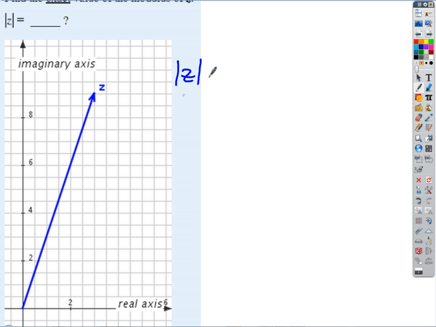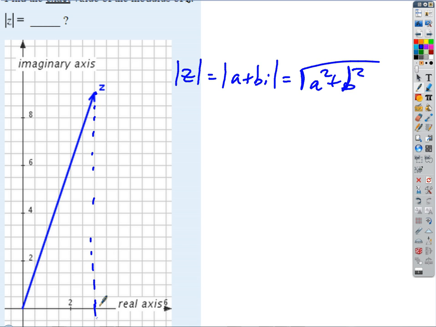So what the modulus of z means is just the modulus of a plus bi, which is always just the square root of a squared plus b squared. What are the coordinates of this point? This graph is tricky. Read it carefully. So if I follow that one down, it's between the 2 and the 4, right? It's going by 2s. There's 1, 2, 3.